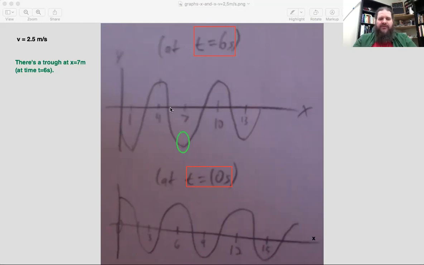We have a picture of what the wave looks like at a certain instant in time, and another picture of what the graph looks like 4 seconds later. And if we want to know which one of these other troughs actually matches up, we need to know how far that travels. 10 meters, yeah, that should work. And how do you know it's 10 meters?